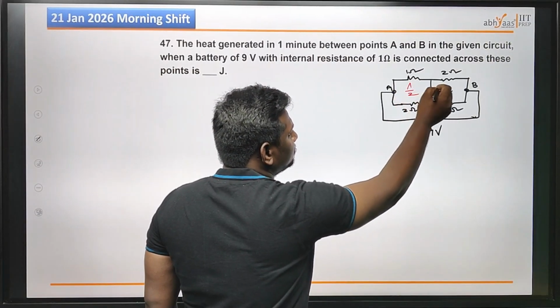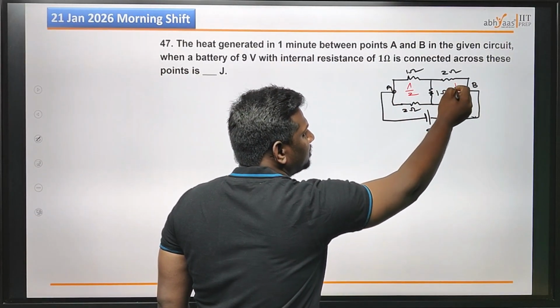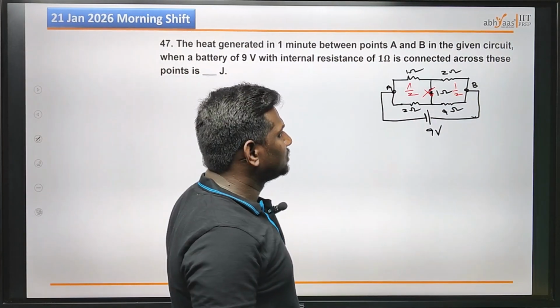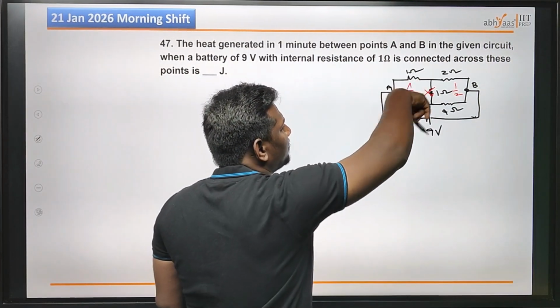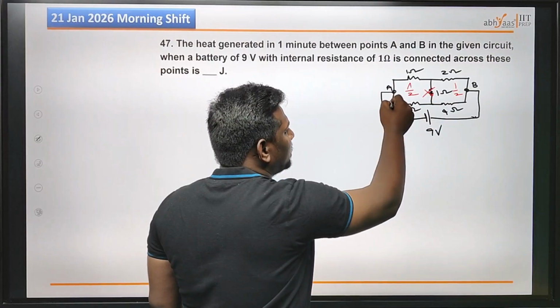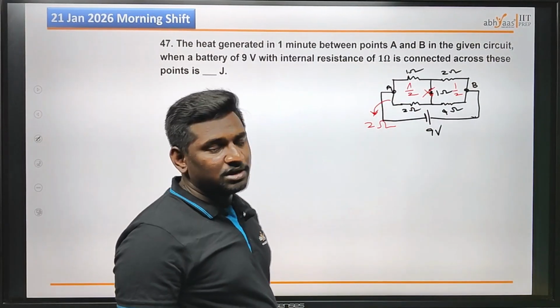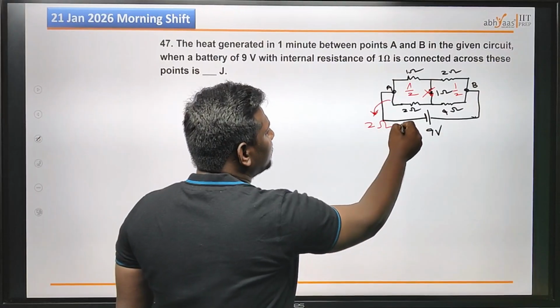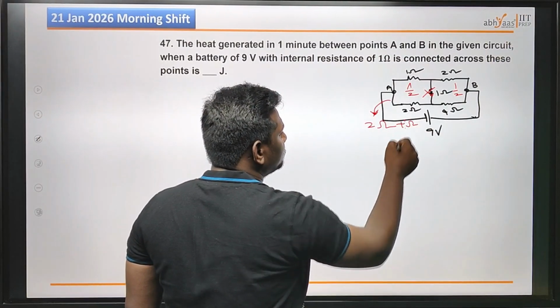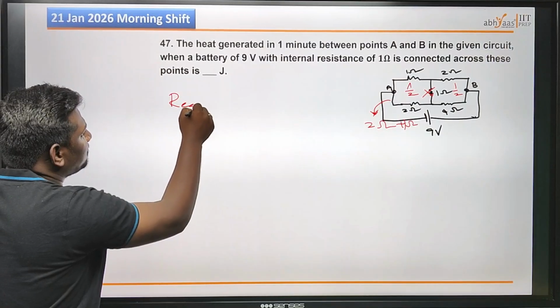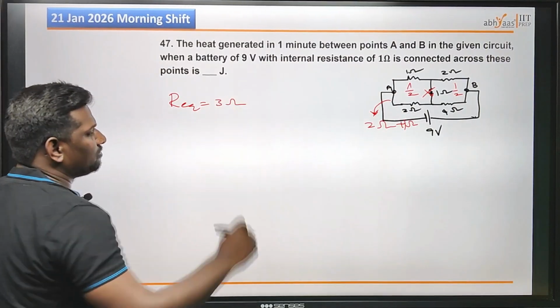This is 1 by 2, this is also 1 by 2. Wheatstone bridge, you can cancel this one. After solving this one, you will get one equivalent resistance, that is 2 ohm. And one more is there, internal resistance of 1 ohm. So total equivalent, R equivalent can be written as 3 ohm.